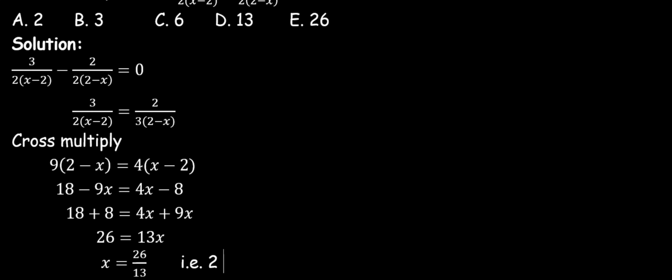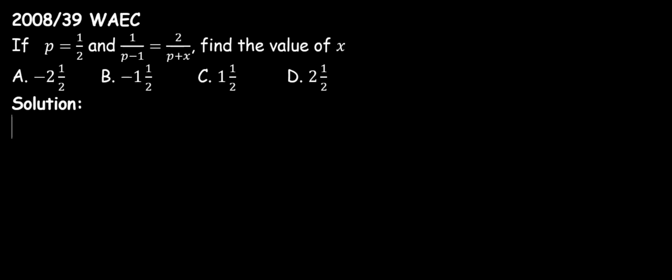Another example. If p is equal to half, and 1 over p - 1 is equal to 2 divided by p + x, find the value of x. The options are given. Solution.